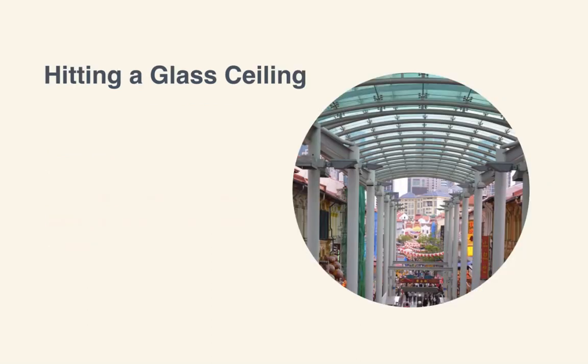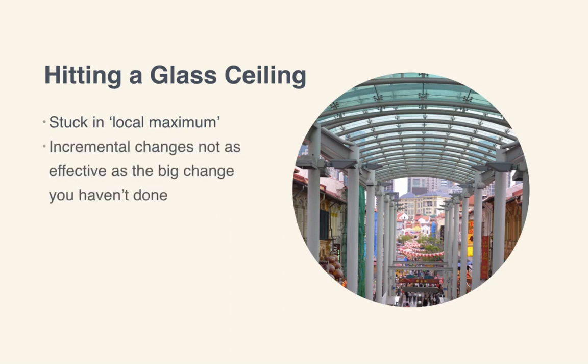We also have to be aware that we're not going to hit a glass ceiling, what's known as being stuck in a local maximum. Basically that's going through A/B testing and making a load of incremental, tiny changes, and not staying aware of the bigger picture that might be there that we haven't explored.